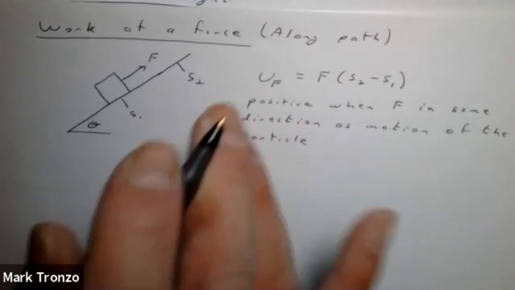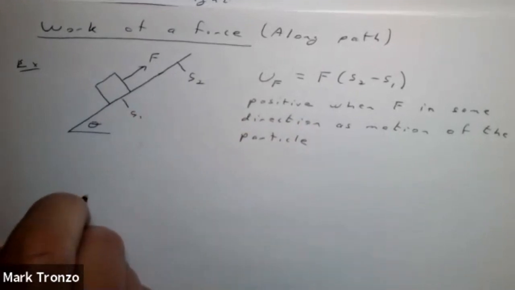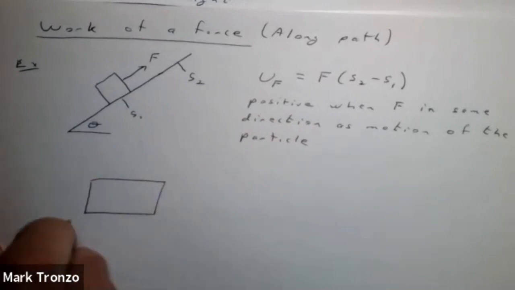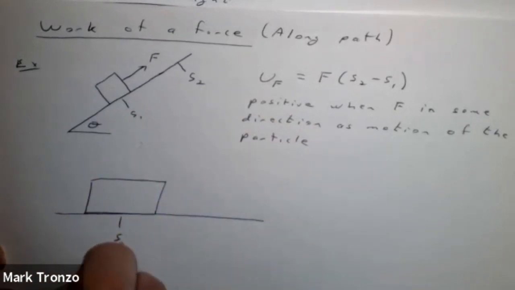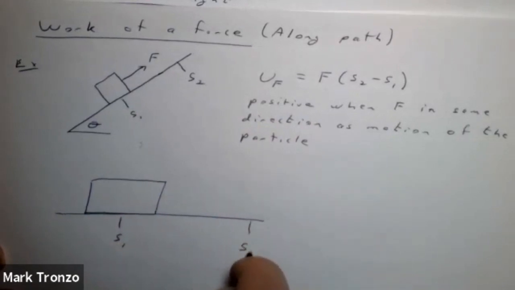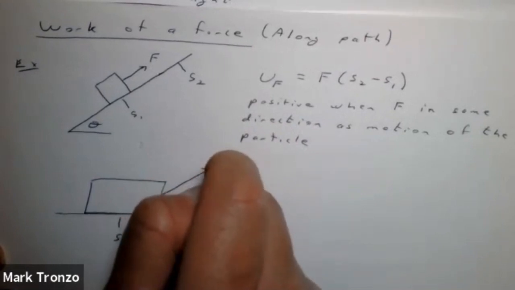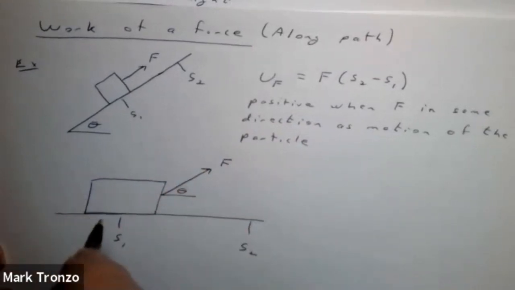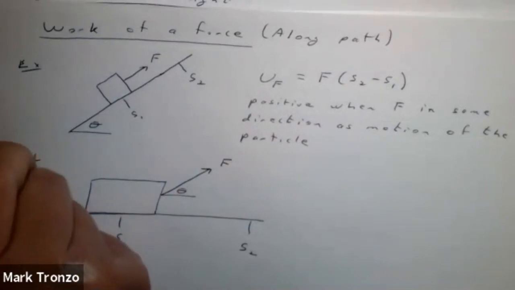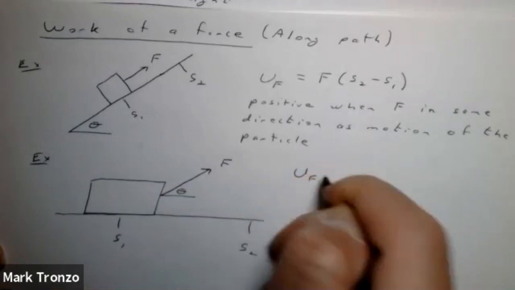So this would be one example. If you have another example like down here, maybe a block just along a horizontal surface of some kind, you have S1, S2, and maybe you have a force directed in this direction, and it's at an angle. So this would be another example. Once again, it's going to be U equals F times distance.